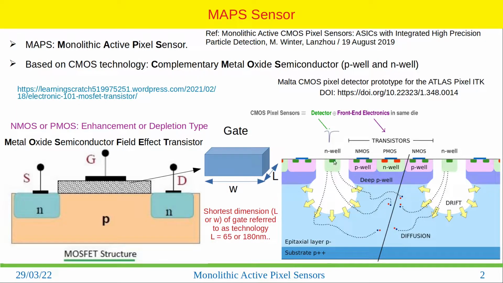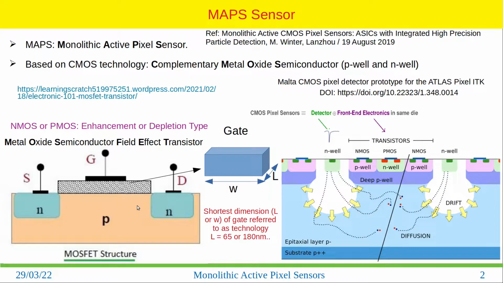Similarly, in this structure we also have n-type doping here. When we dope with n-type, a depletion region is created. That is basically a well-type depletion region, and we have a very highly doped n-type region here to improve the ohmic contact again. Then we have transistors here. This one is called an NMOS transistor because we have a p-type substrate and then an n-type doping.